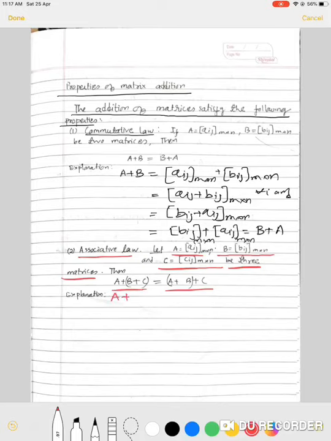And we can consider here A plus B plus C is equal to Aij plus Bij plus Cij.